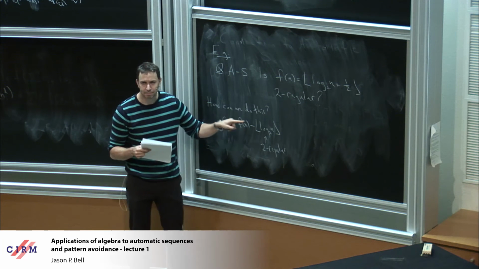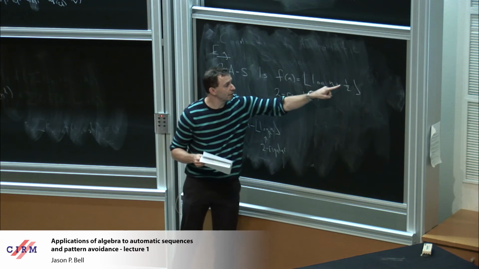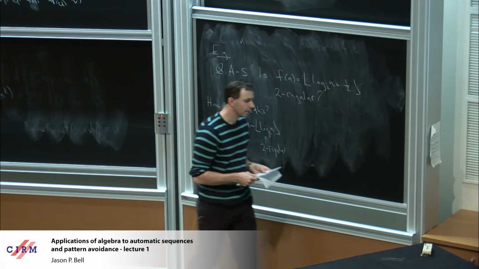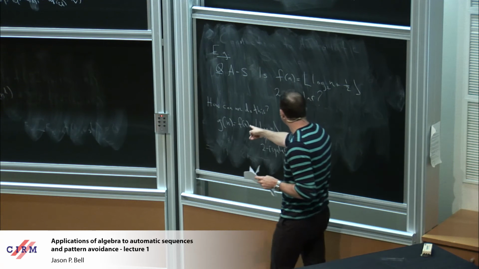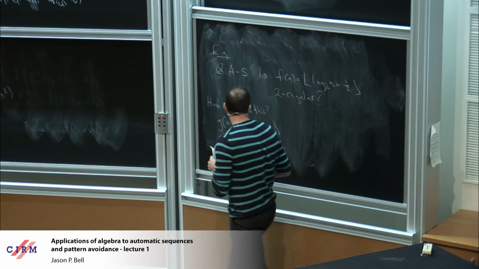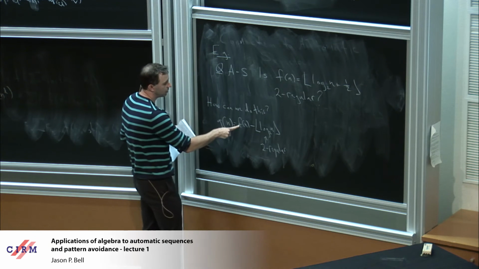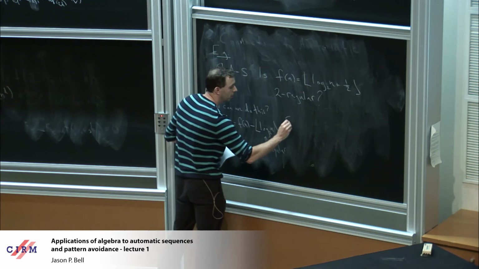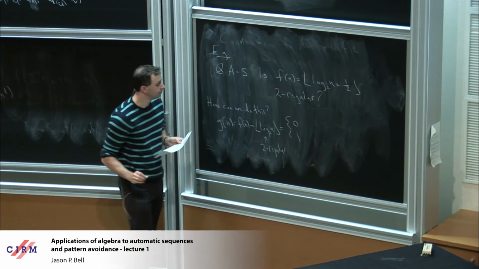That's not hard to see. And so they were asking, really, what if I shift? Is it still 2-regular? Well, if I do this, then notice f of n is always at least this, but it can never exceed this by more than 1. So this is 0 or 1.